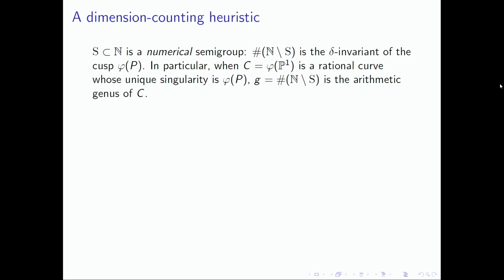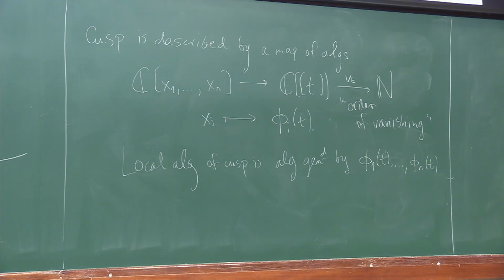So the number of elements of the complement is exactly the contribution to the arithmetic genus of the singular curve. So it's what I'm calling the genus of the cusp. And so it makes sense to study numerical semigroups, or in other words, subsemigroups of the natural numbers with finite complements of genus g, for example.